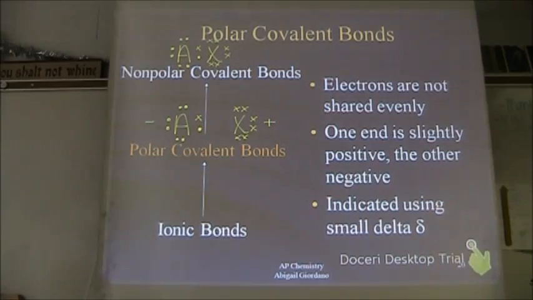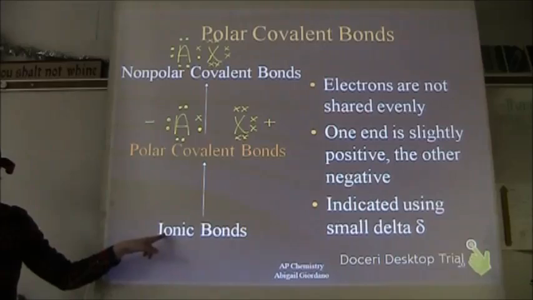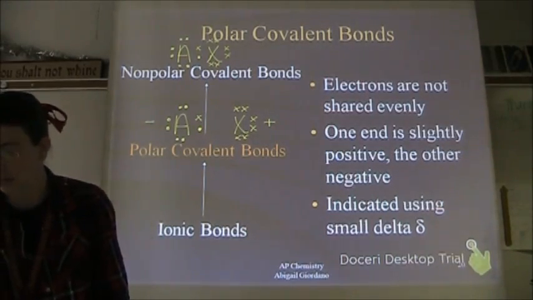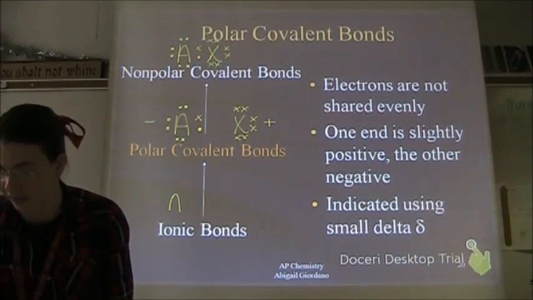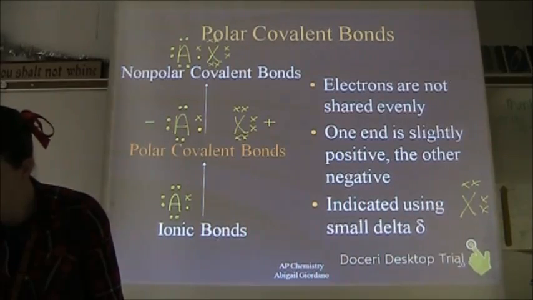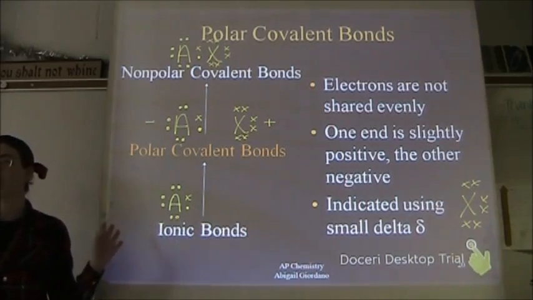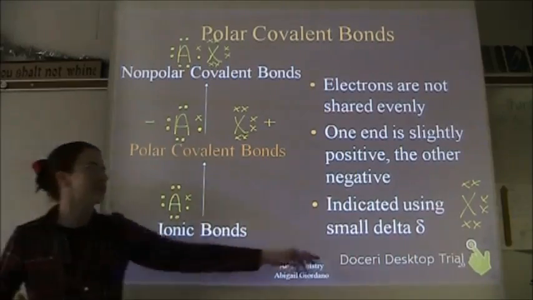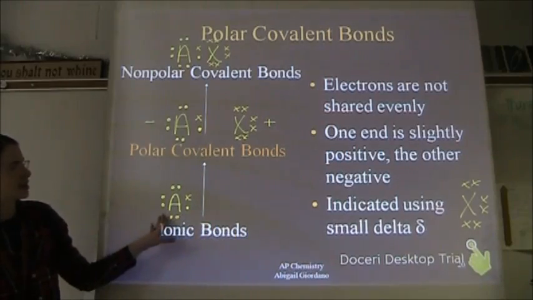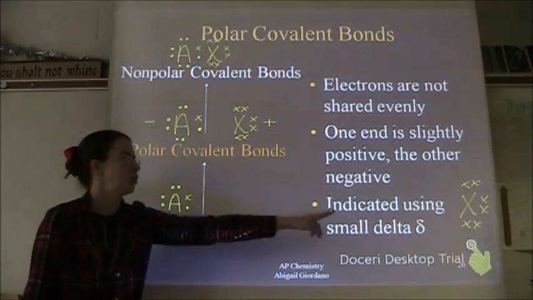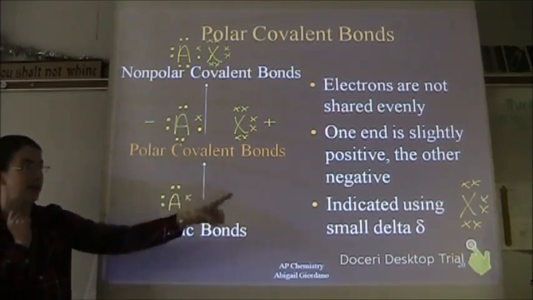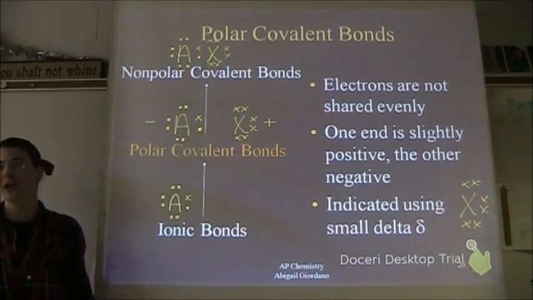positive. Let's go to the extreme. Okay? If it's ionic, and my little illustration here kind of has some limits. Okay, now my illustration here kind of breaks down because X doesn't even have a full octet of electrons, but the point I am trying to make here is these two particles, this pair of electrons is so attached to this atom and not that one that we can't even say that they're being shared anymore.